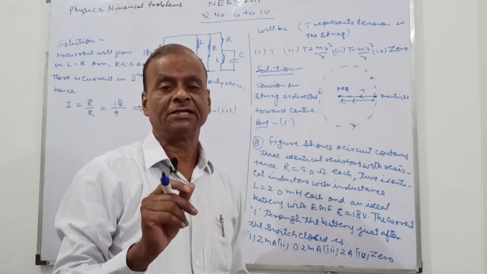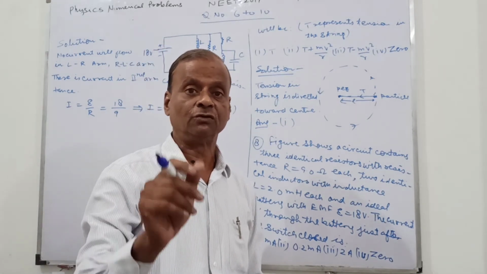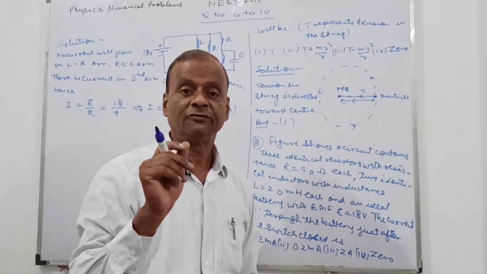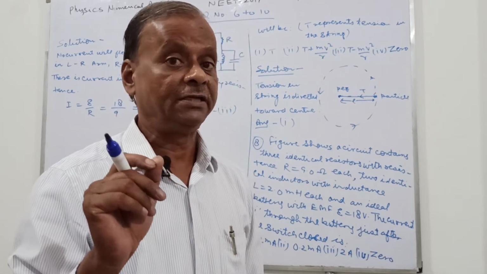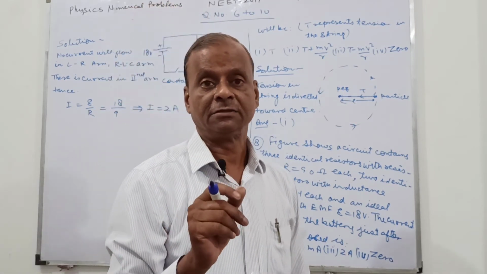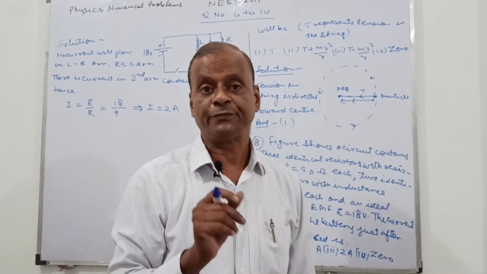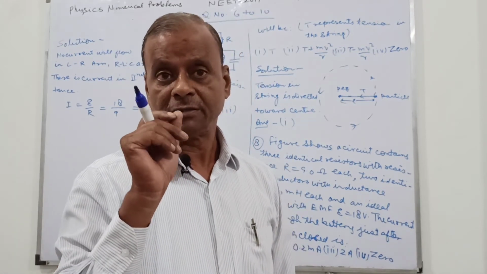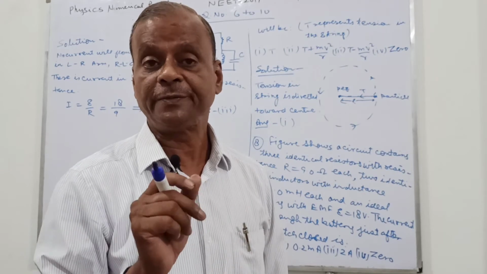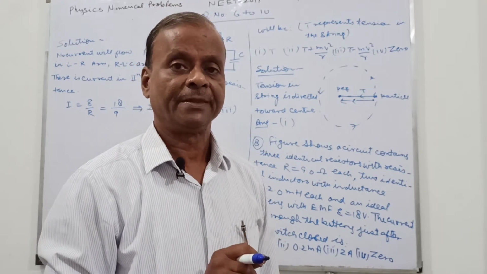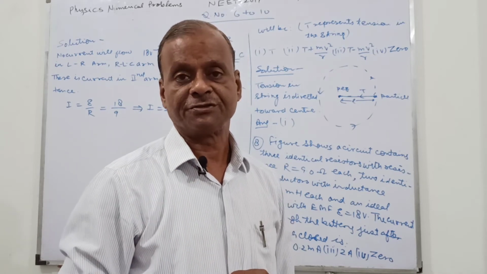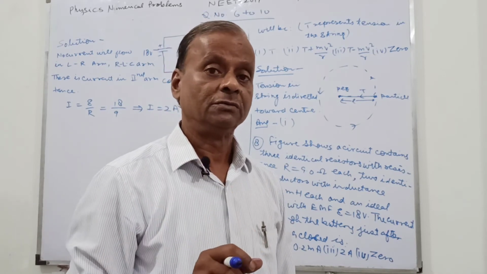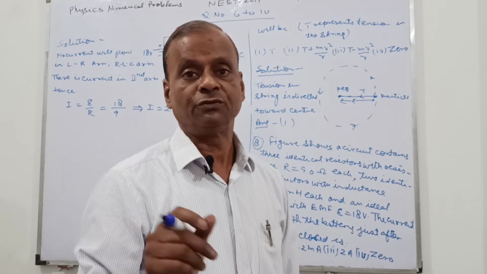So what we have? You have to understand that initially as the switch is on, the current will increase from 0 to maximum. In the inductor, there will be induced EMF which will oppose the increase of the current. So there will be no current in the first arm. And in the third arm, we are having the inductance and the capacitance, so there also the current will be equal to 0.